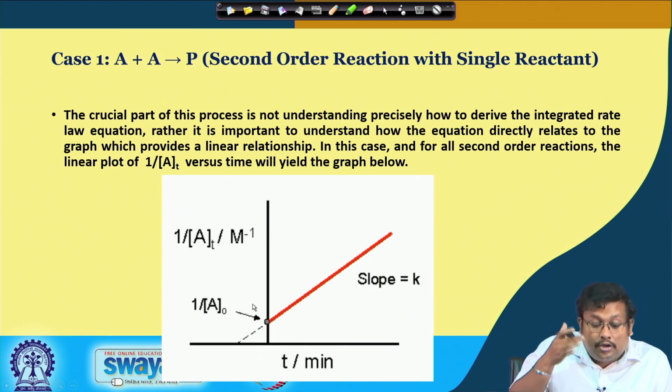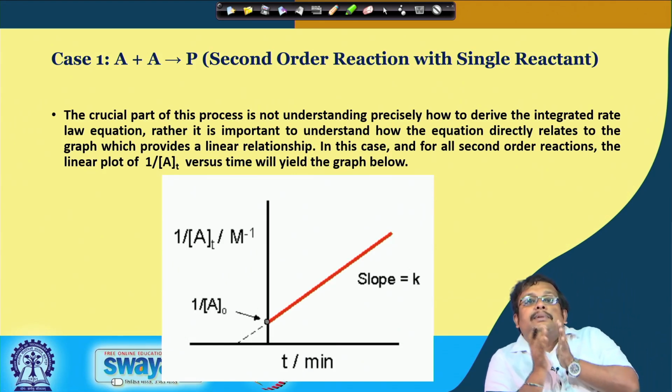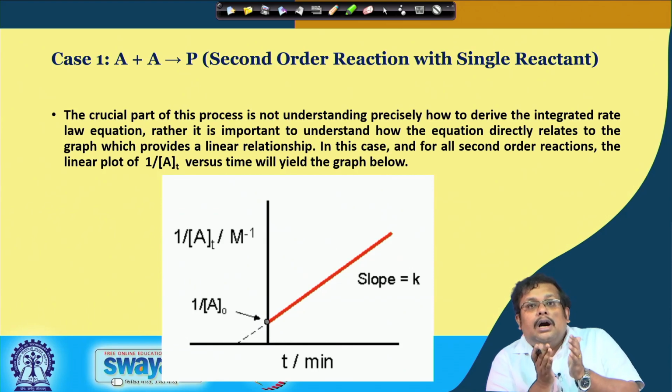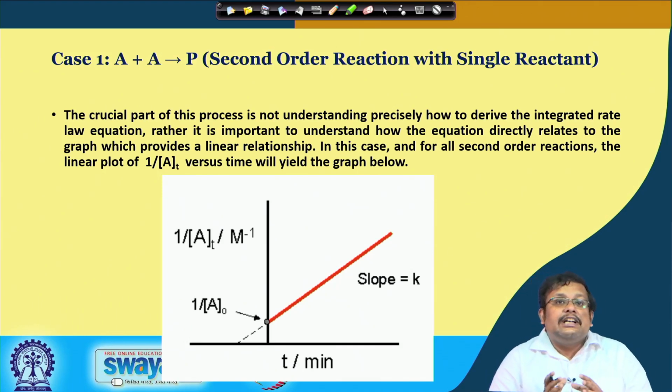So, the crucial part of this process is not understanding precisely how to derive the integrated rate law equation, rather it is important to understand how the equation directly relates to the graph which provides a linear relationship.